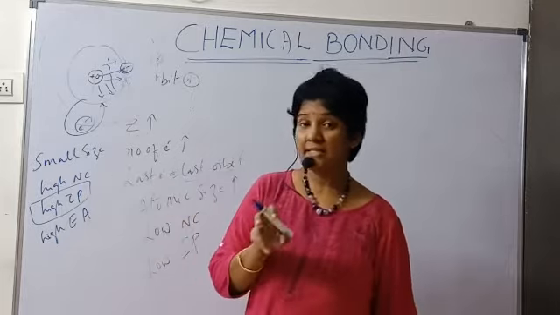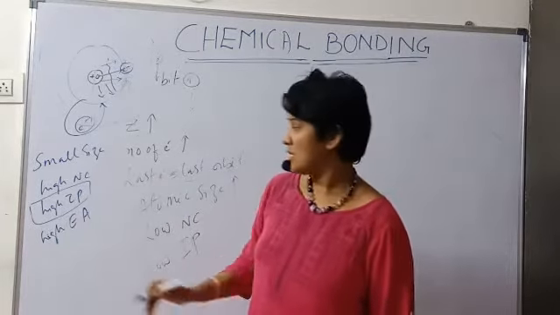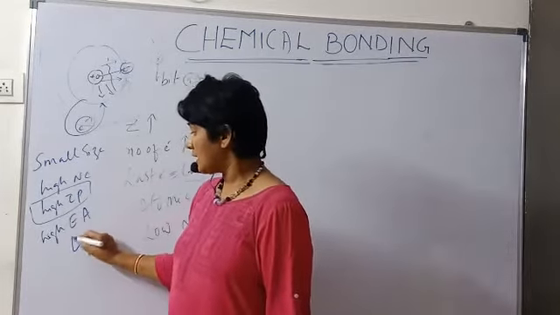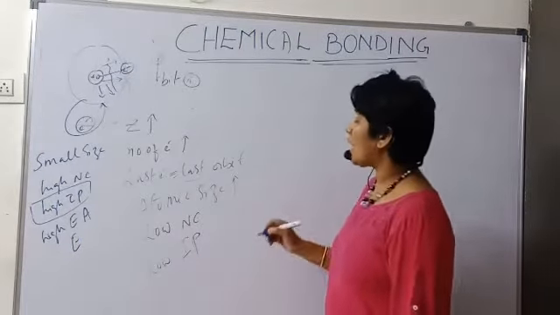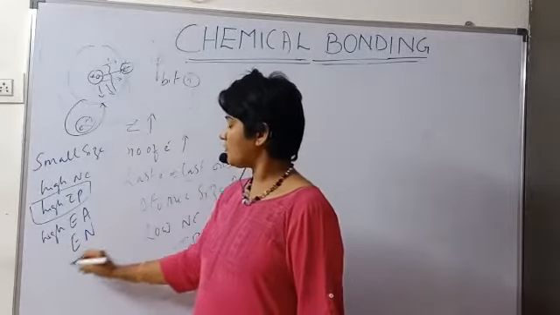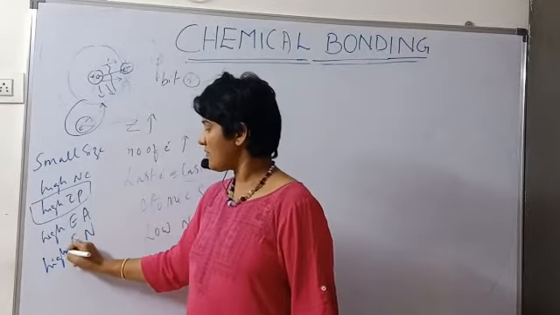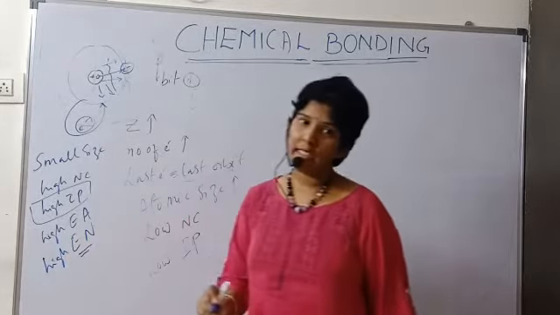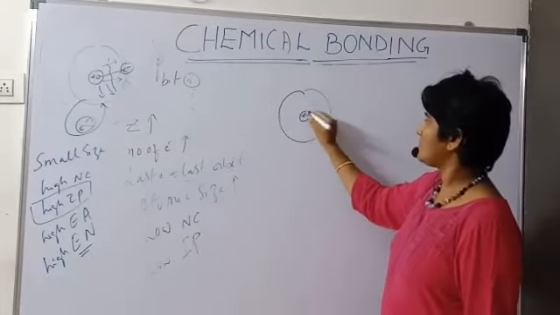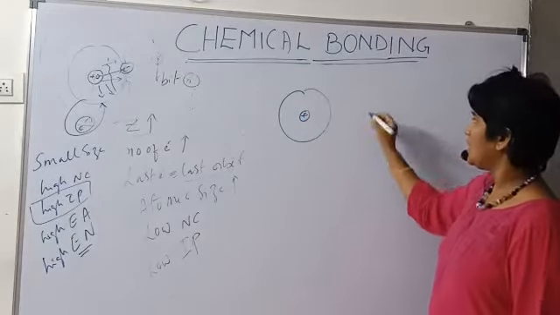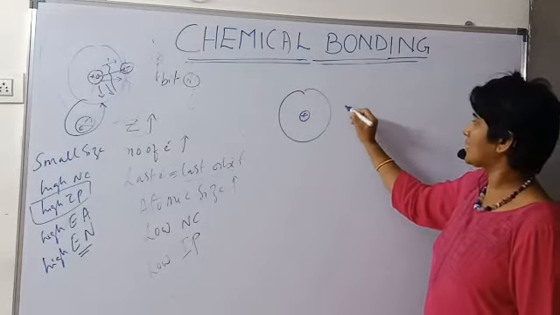If the element is in a bonded state, then the bonded small atom has a tendency to attract the bond pair of electrons towards itself, which is known as electronegativity. So see here, this is one atom whose size is so and so. Now I'll take one more atom.